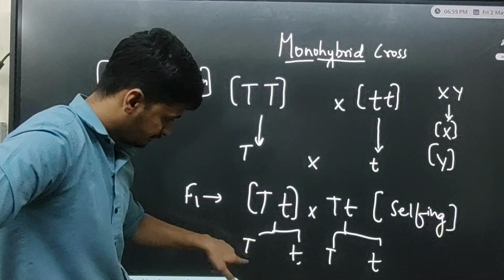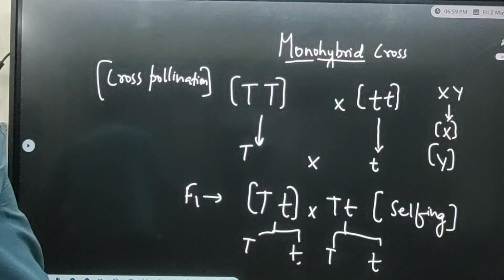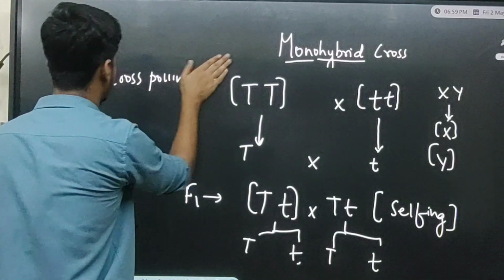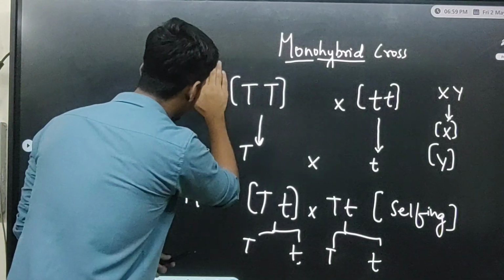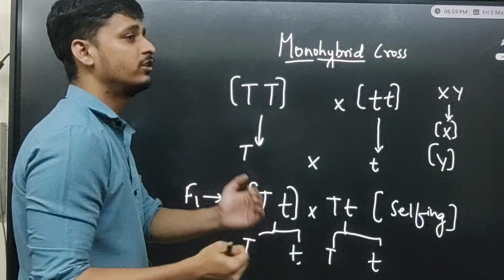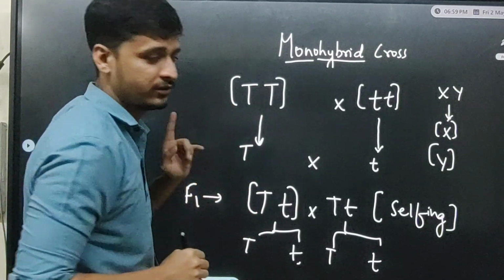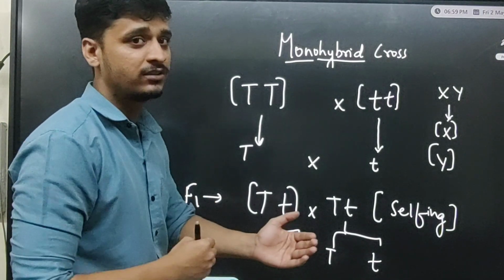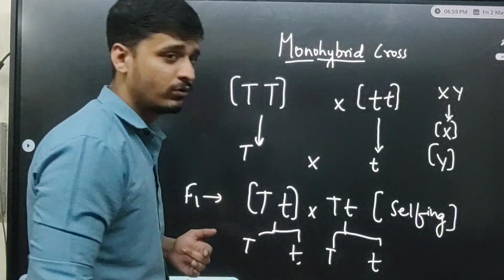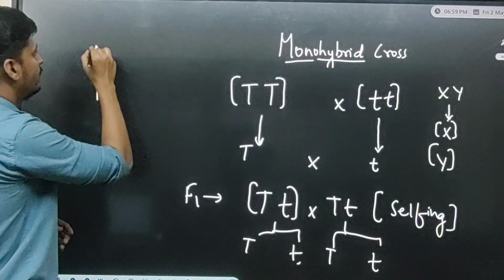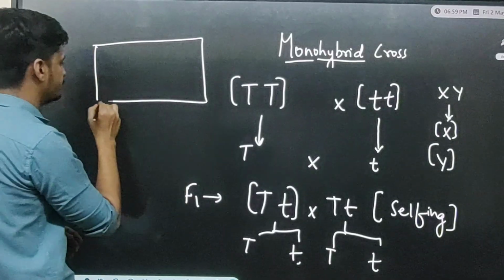So after selfing, when they are producing their gametes, what will we do? We'll make a Punnett square to check the phenotypic ratio and genotypic ratio in the F2 generation. Okay, so after F1, the F2 generation will come, so in the F2 generation, how many plants will be tall, how many plants will be dwarf, उसको चेक करने के लिए हम लोग will make a Punnett square.